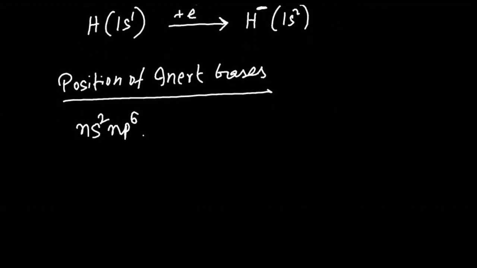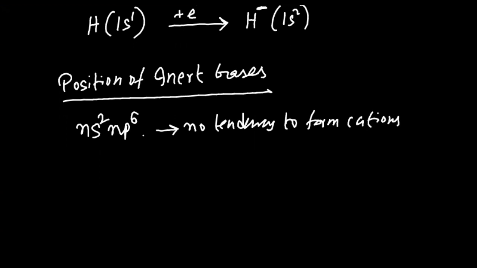As their outermost electron shells are completely filled, they show no tendency to lose or gain electrons to form cations and anions respectively, because their outermost configuration is already stable.